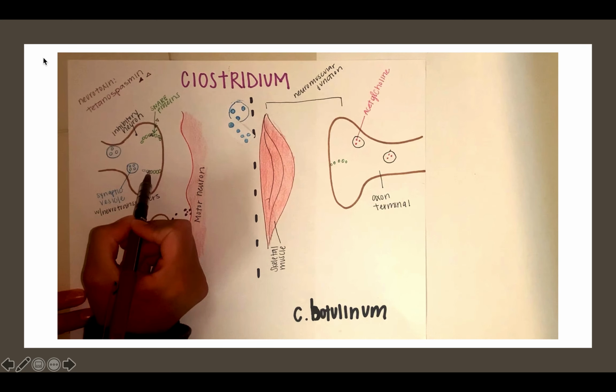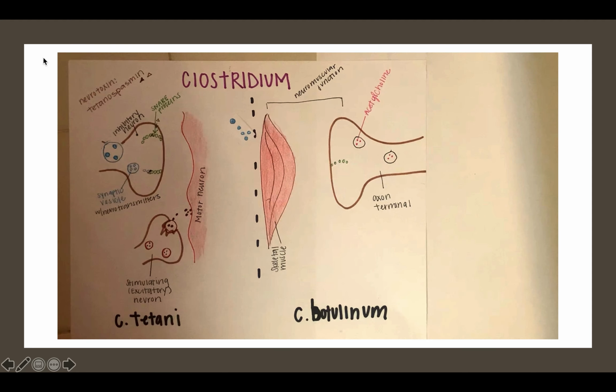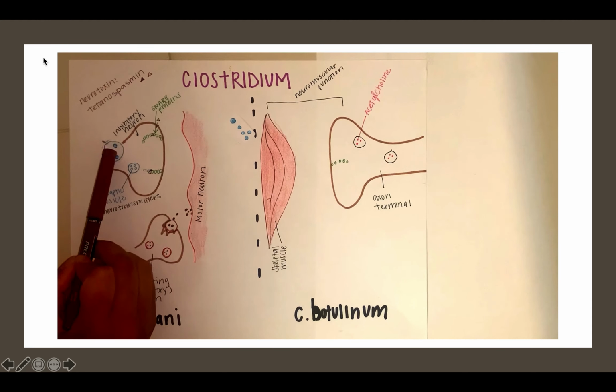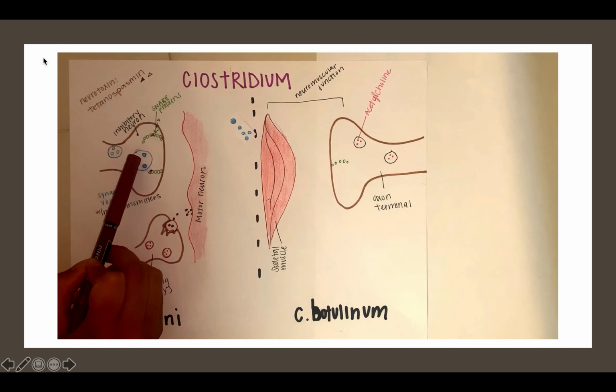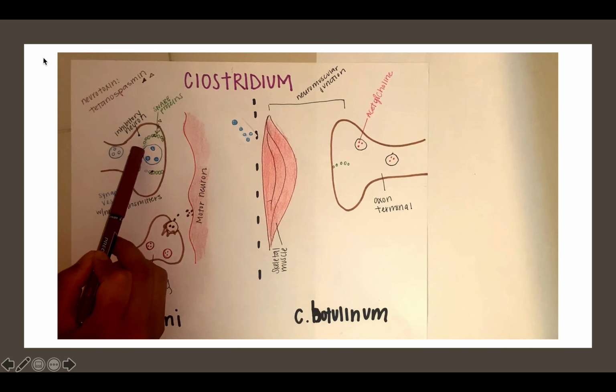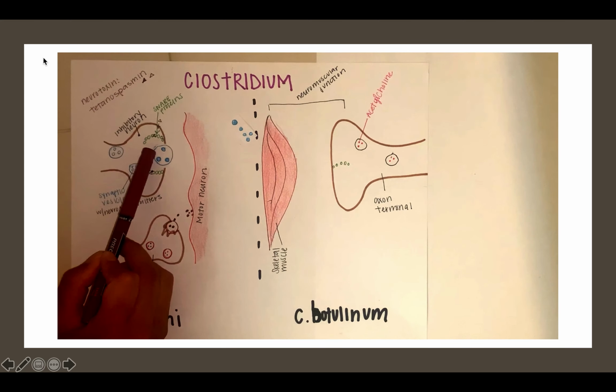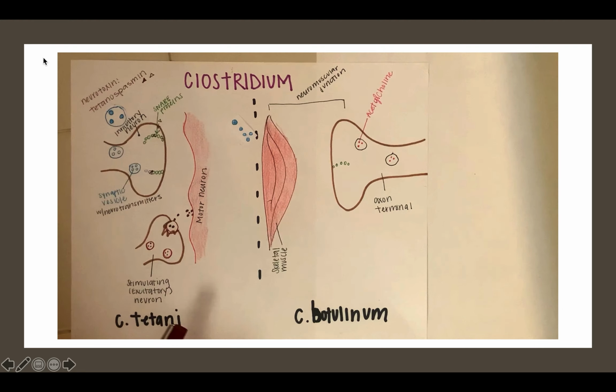And it's not going to allow it to act normally. Because it's being cleaved, these little vesicles here can no longer be fused and sent out. So this, in short, really just blocks the inhibitory neurotransmitters from reaching the motor neuron.